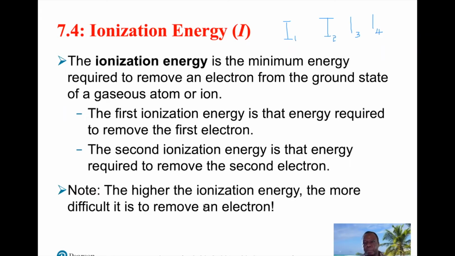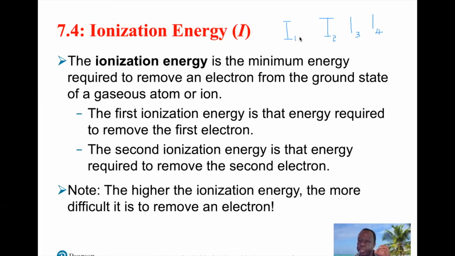Picture this. Let's use sodium, for example, which is atomic number 11. It has 11 electrons, 11 protons in the nucleus. It is neutral. So if we remove the first electron, we are remaining with 11 protons in the nucleus attracting 10 electrons. So we have more power from the nucleus pulling the 10 electrons.